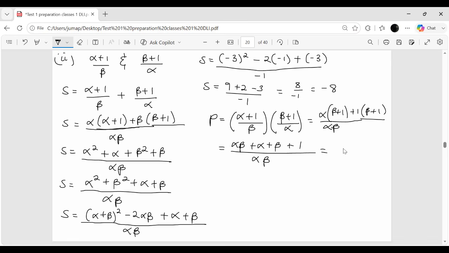Alpha beta is negative 1, then plus alpha plus beta, which is just plus negative 3, then plus 1 over alpha beta, which is negative 1. As a result, our product is equal to negative 1 plus negative 3, that will be negative 4, plus 1, it will be negative 3. Then over negative 1, meaning that it will be equal to positive 3.